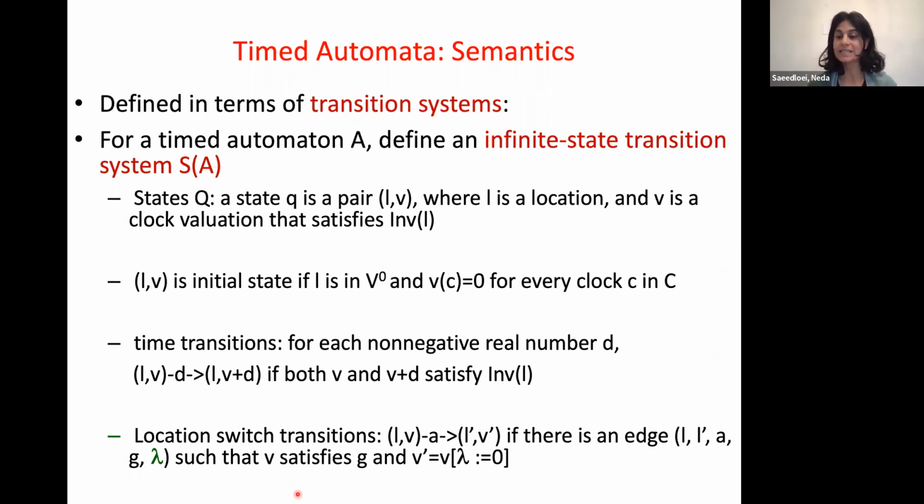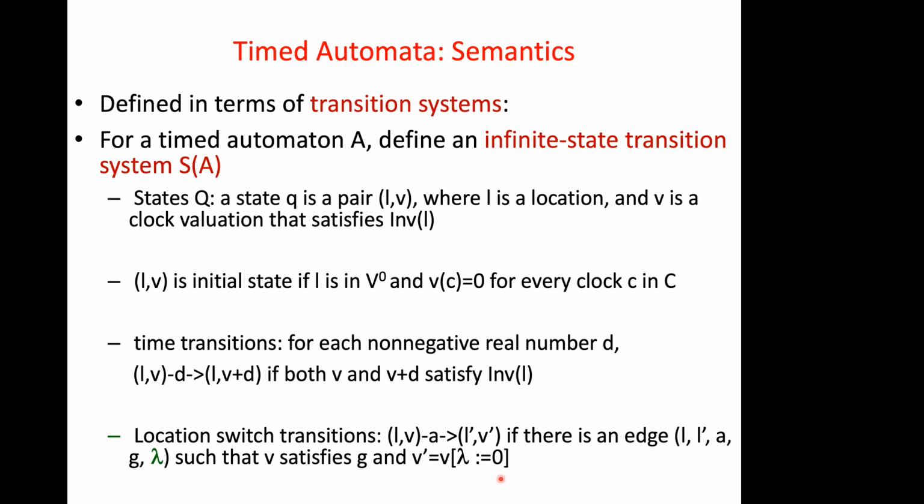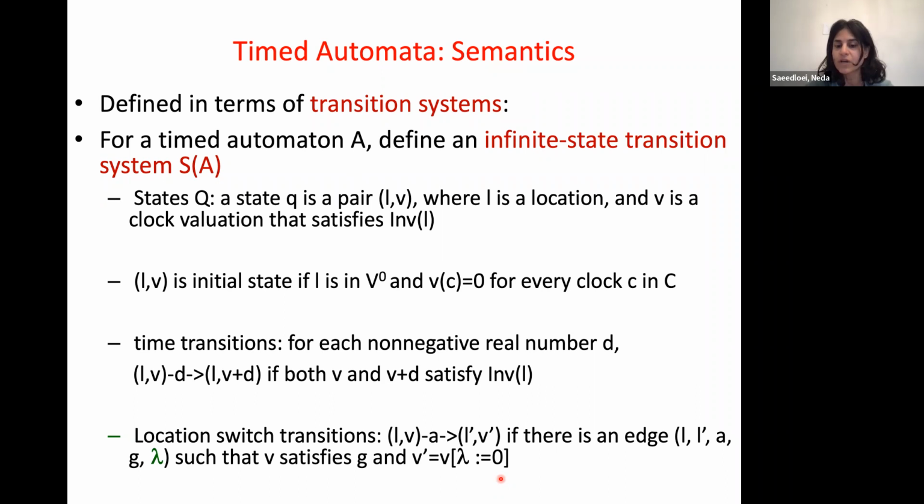Location switch is instantaneous, which means that during the location switch, we have an action taking place on some input A. The location is going to change from L to L prime, and V is going to change to V prime.